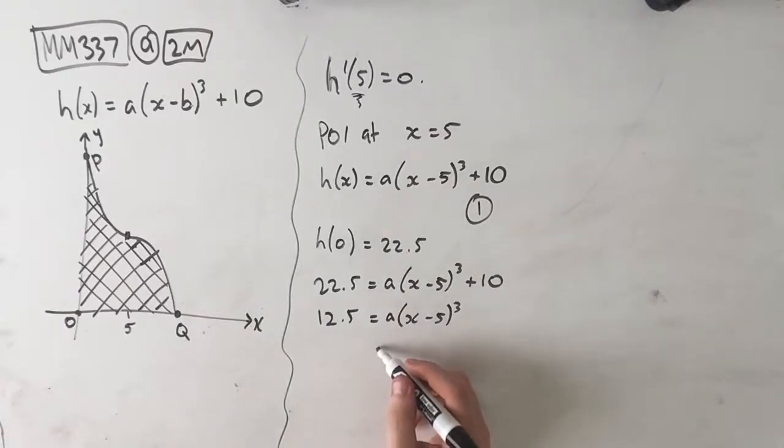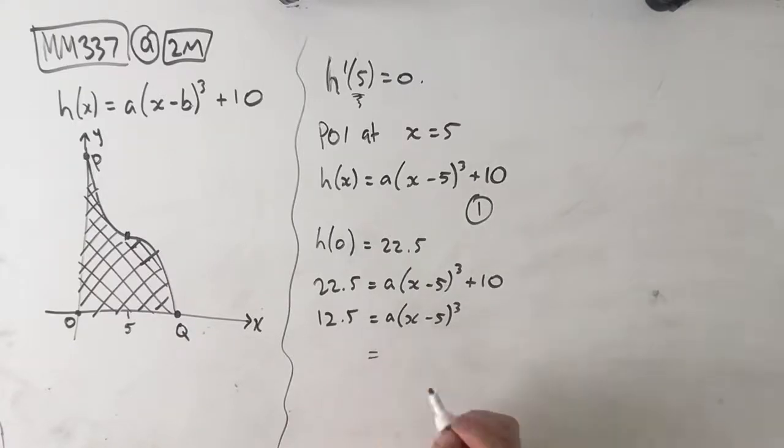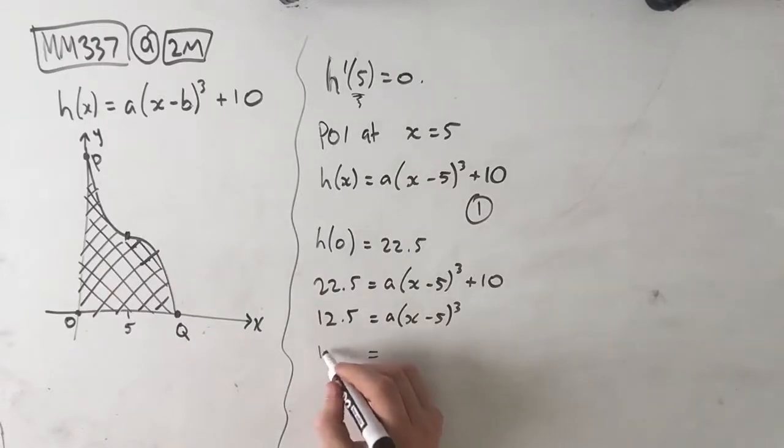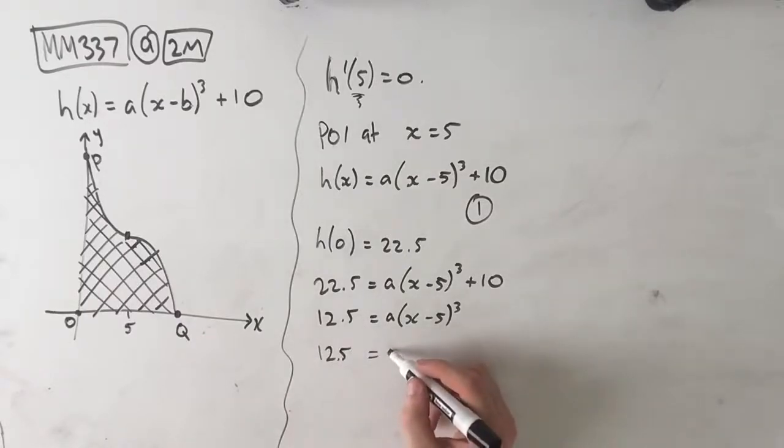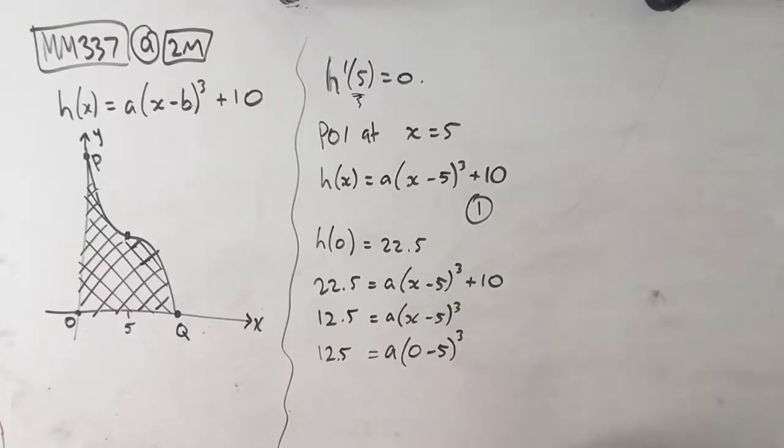And then from there, we get 12.5 equals a, and then we need to sub in our 0 for x. I should have done that earlier, but I just didn't.